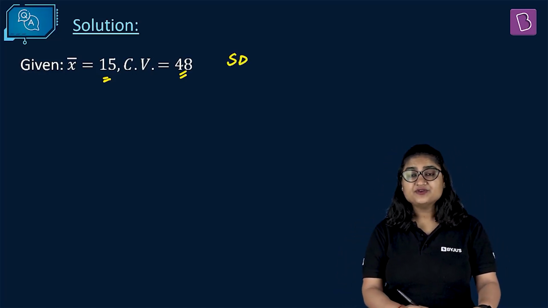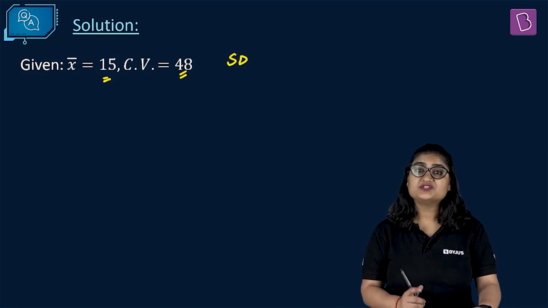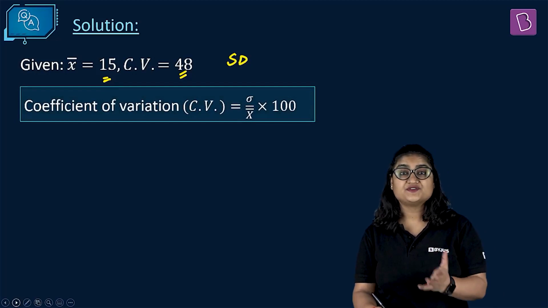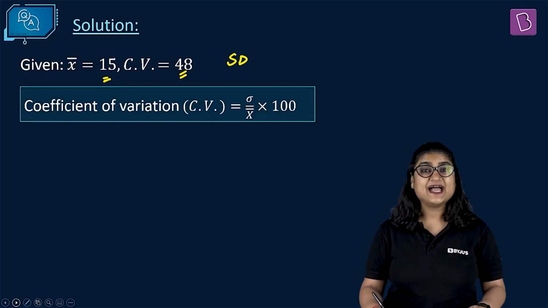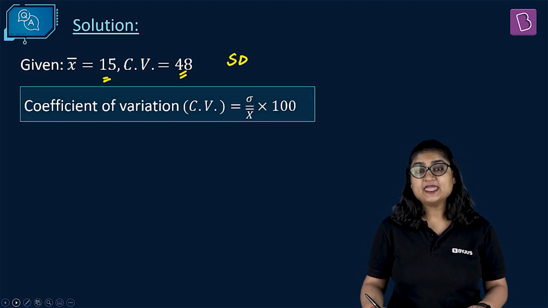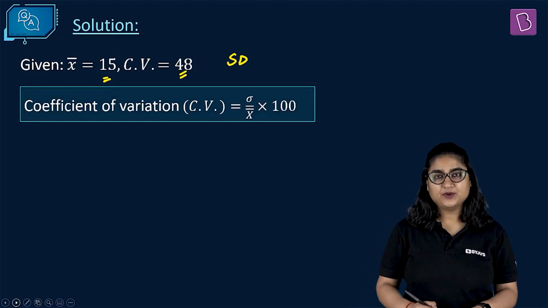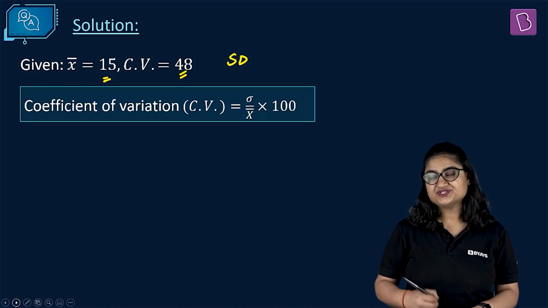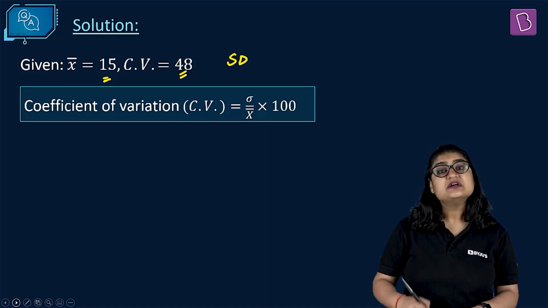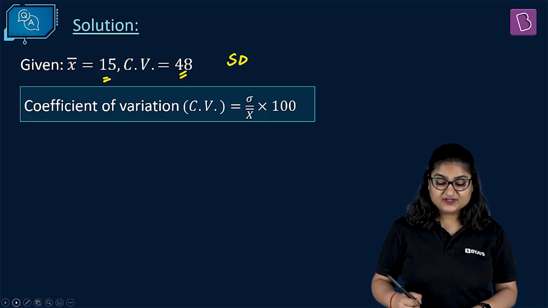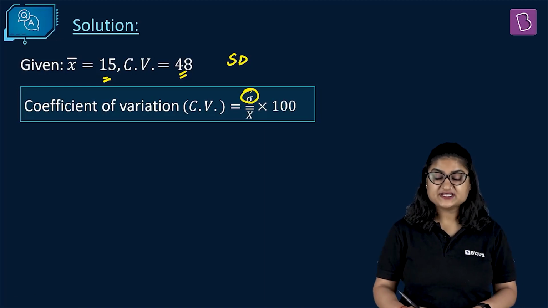All right. So if you recall, there is a formula which connects all three of them. And that formula is coefficient of variation is equal to standard deviation divided by mean multiplied by 100. All right. So here we have an equation where we have coefficient of variation equal to sigma divided by x bar multiplied by 100. Now, do we know the value of standard deviation?